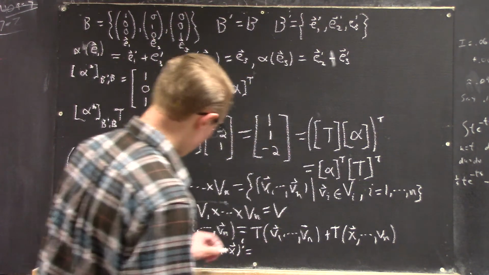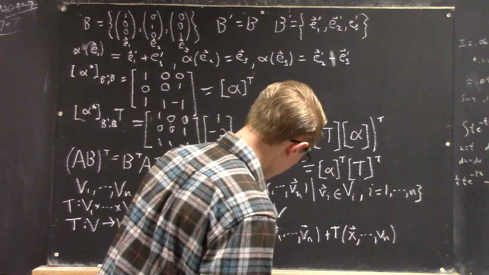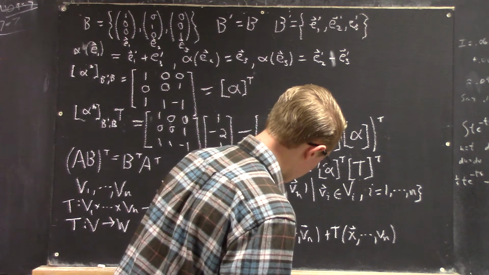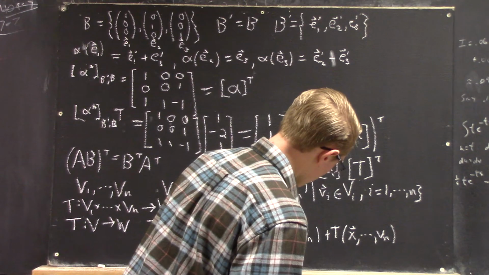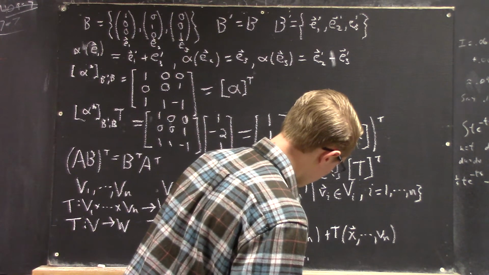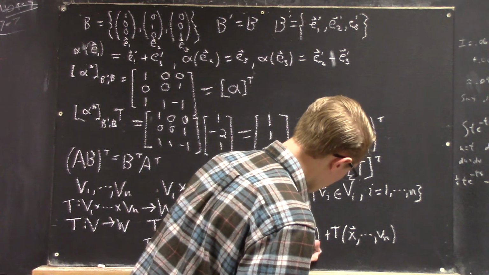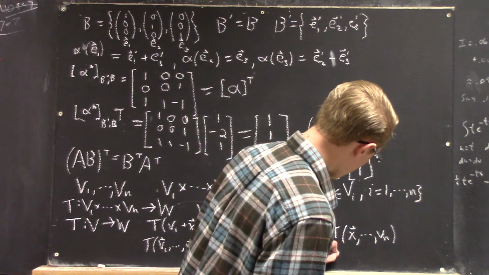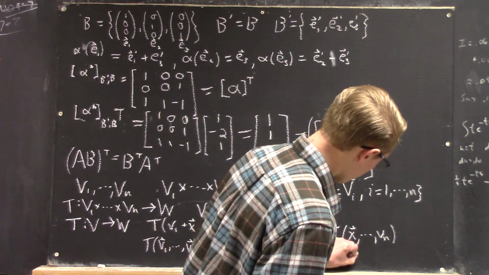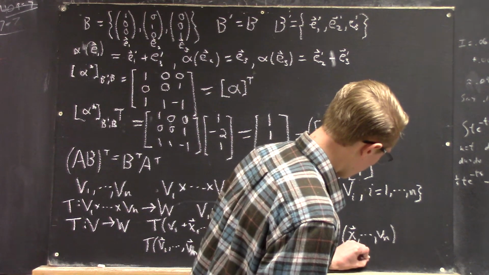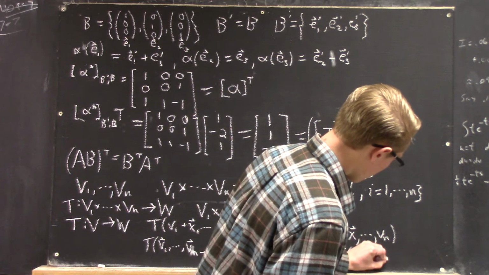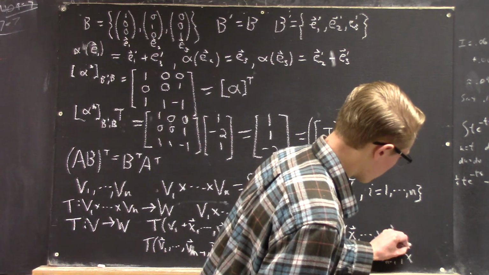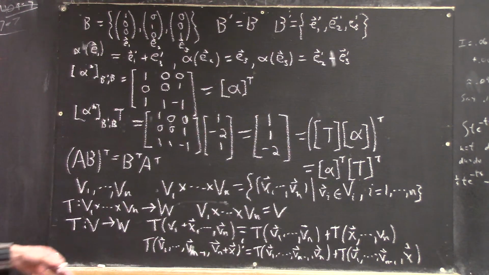And this is equal to T of V1 through Vn minus 1 and Vn, plus the transformation of vector V1 through Vn minus 1 and the vector x. That's for the property of addition.